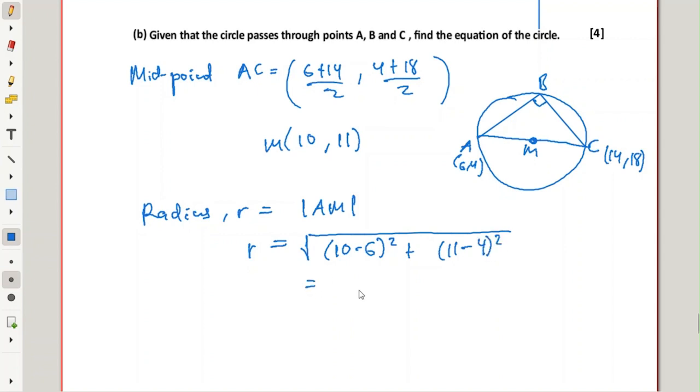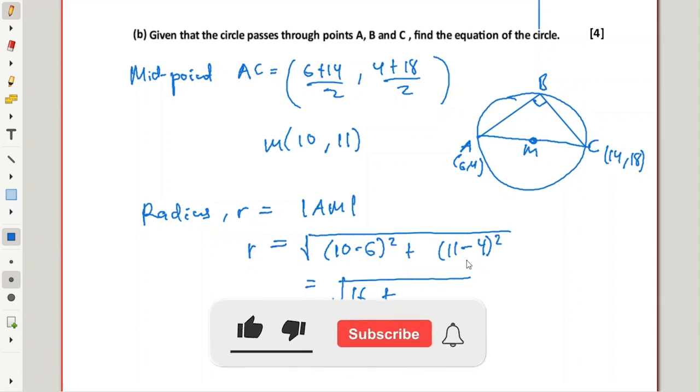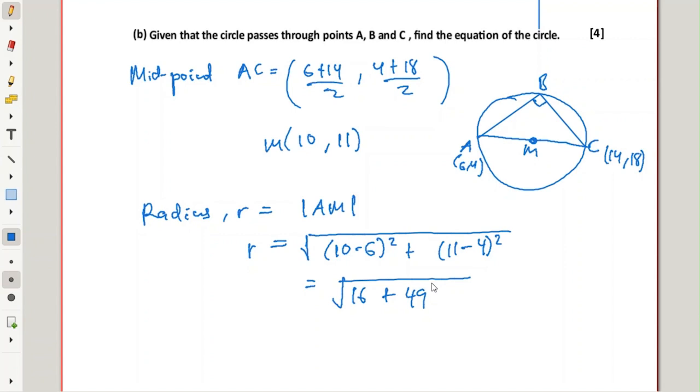So this should give me 4 squared, which is 16, plus 7 squared, which is 49. So this will be the same as the square root of 65.